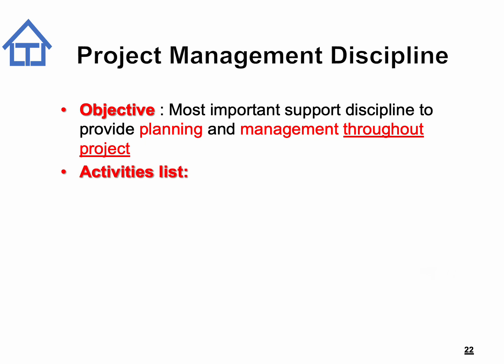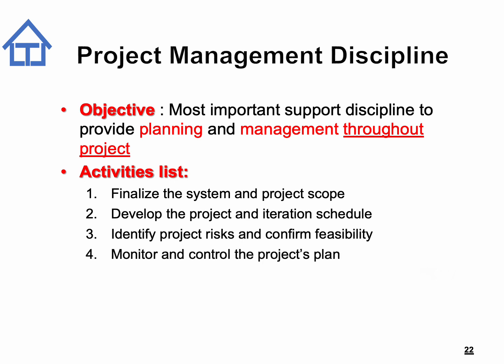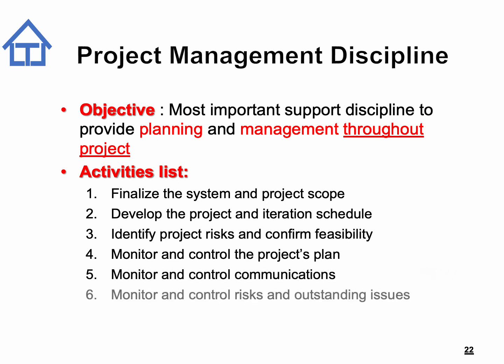The list of activities included in this important discipline is as follows: finalize the system and project scope, develop the project and iteration schedule, identify project risks and confirm feasibility, monitor and control the project's plan, monitor and control communications, and finally, to monitor and control risks and outstanding issues.